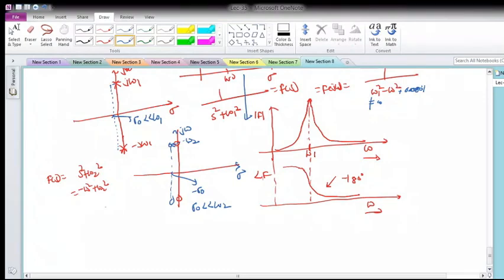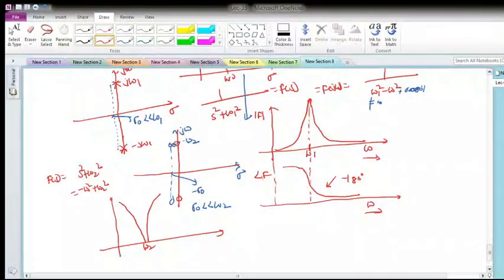The magnitude which was previously like this at omega equal to omega 2 or omega 1, whatever the frequency of the zeros you are taking. Wherever the zero is lying, either omega 2 or omega 1, suppose you take omega 2.